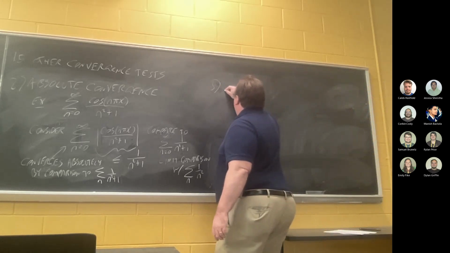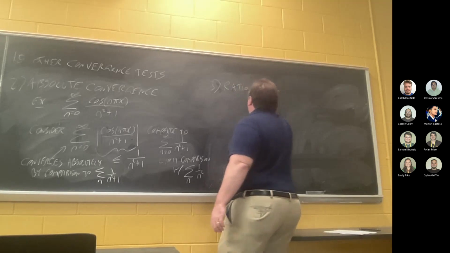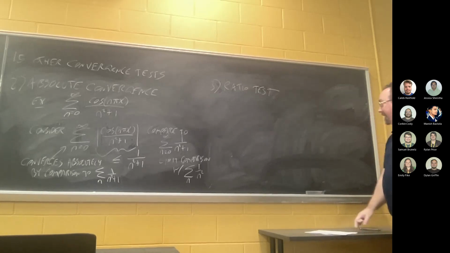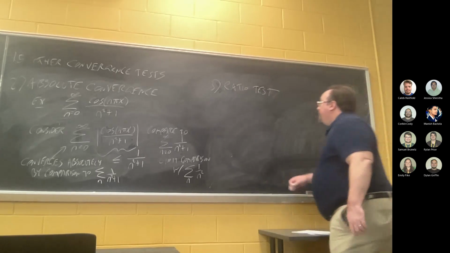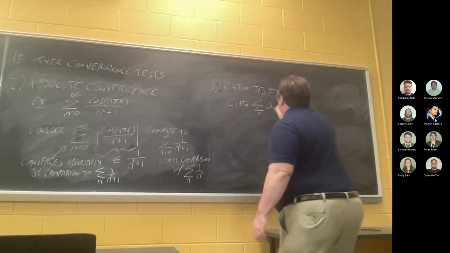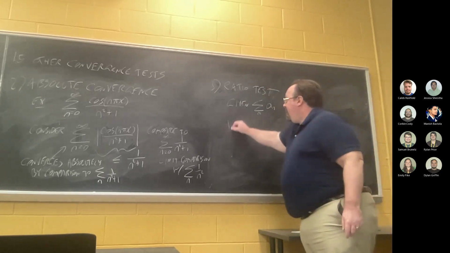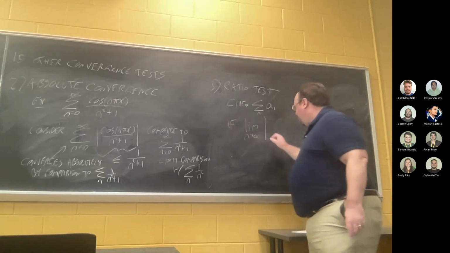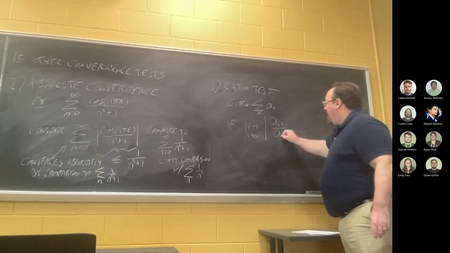Two more tests. This one is actually quite useful later on. It's called the ratio test. Suppose the series you're given is the sum of terms an. What we can do is take the limit as n goes to infinity of the absolute value of an plus 1 over an.